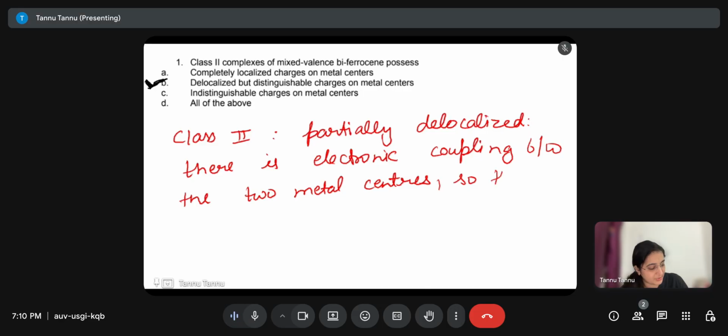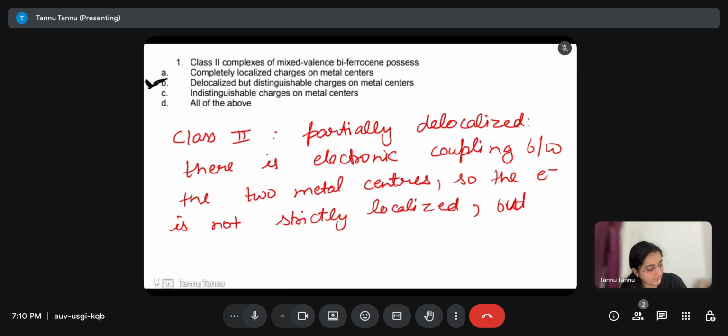So the electron is not strictly localized, but the centers remain distinguishable.